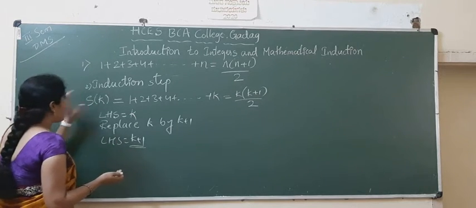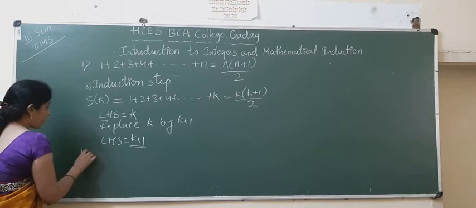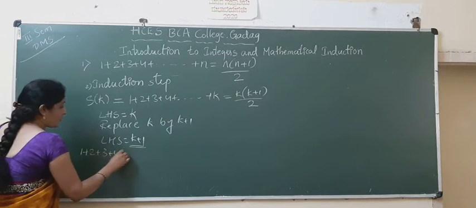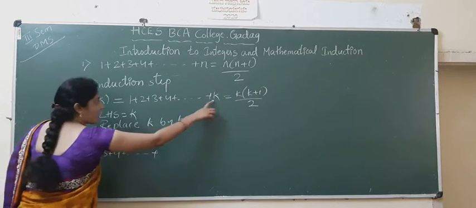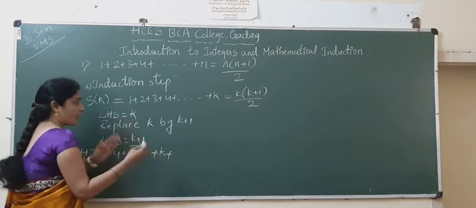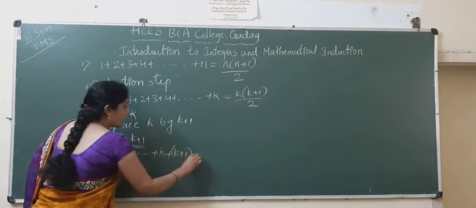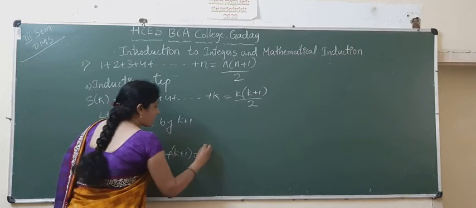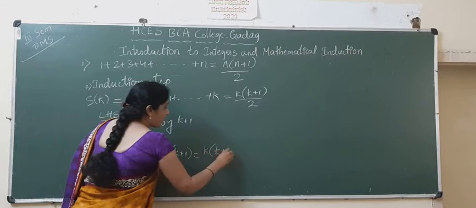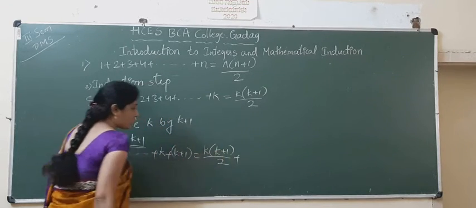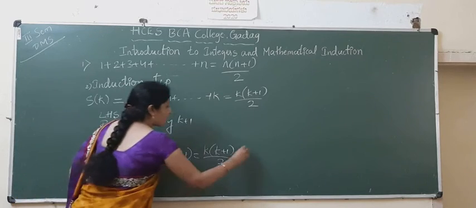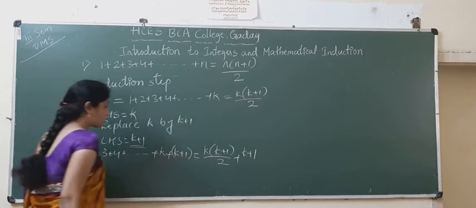Now, the open statement becomes 1 plus 2 plus 3 plus 4 and so on up to plus k, which is already there. You have to add k plus 1. So, k plus 1 is equal to this one, RHS. k into k plus 1 divided by 2 plus, you have to add this, k plus 1.